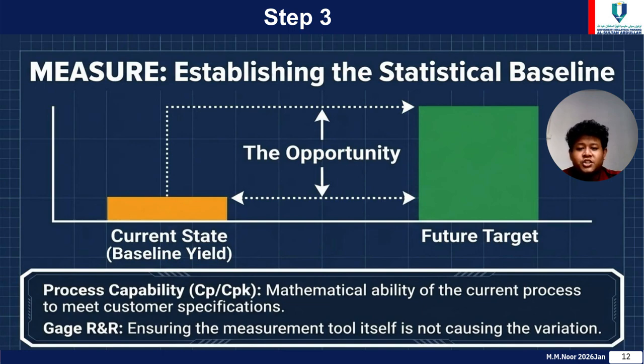These indices measure the mathematical ability of our current unaltered process to consistently meet customer specification. If our gauge R&R proves our measurement system is sound, a low Cpk signals that the process itself is highly incapable and requires immediate re-engineering.